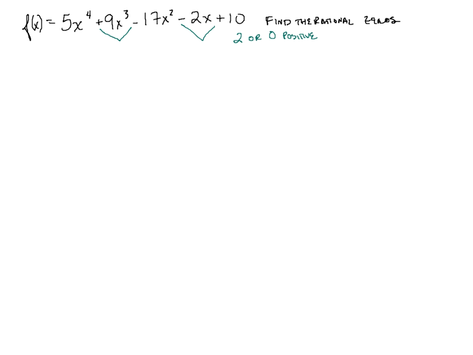positive real zeros. Now we need to do f of negative x to determine the negative real zeros. I'm just going to plug in negative x wherever I see x in the function, and simplify.